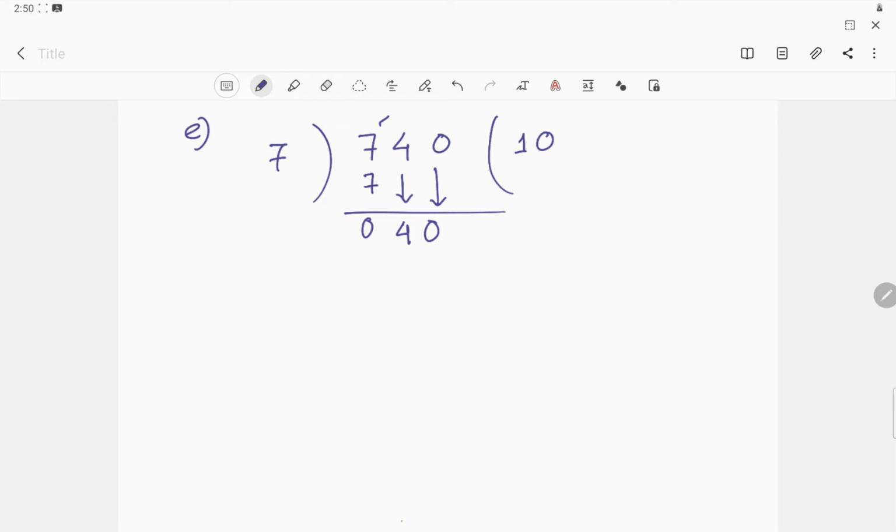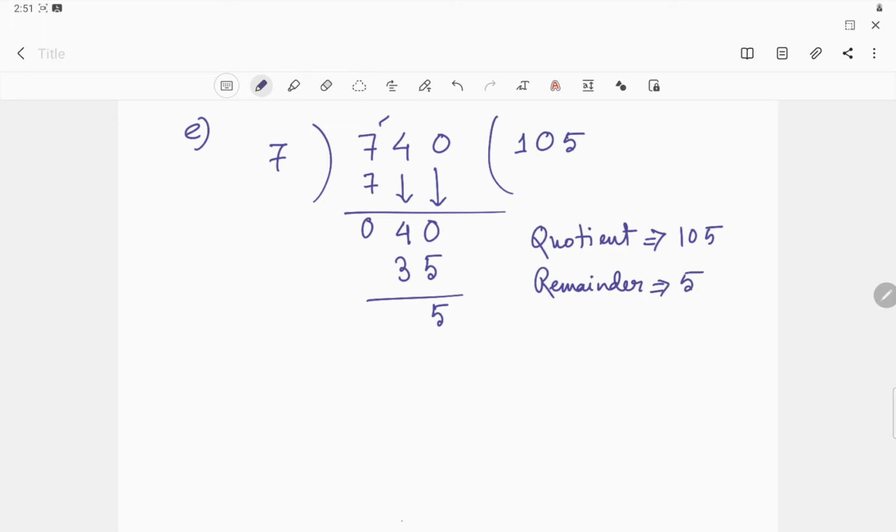What is the multiple of 7 which is nearest to 40? 5 sevens are 45. Sorry, 35. If you subtract, you will get 5. So here the quotient is 105 and the remainder is 5.